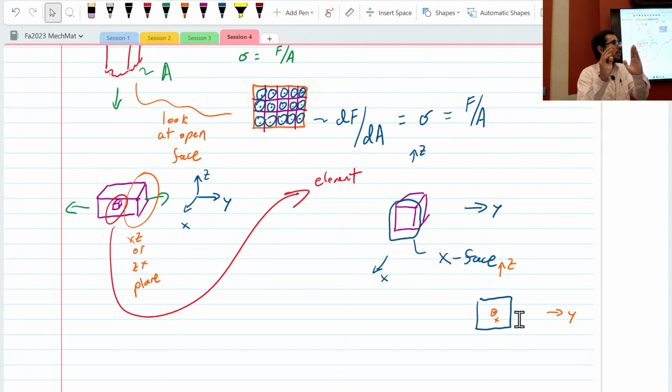This side is what we call a y face. This side is what we call a z face. This side is what we call a negative y face, and this is what we call a negative z face.